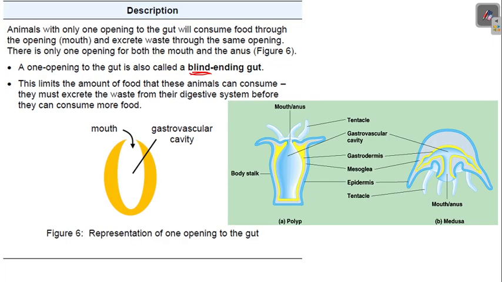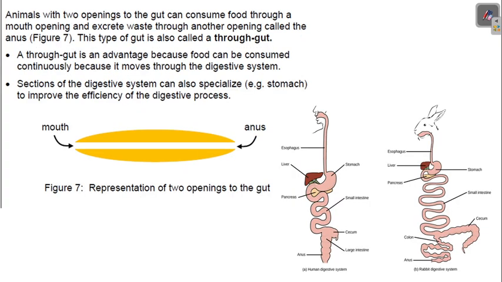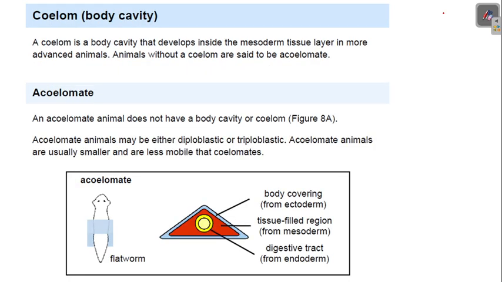So in actual sense, most organisms, if not all, that have a blind gut are basically diploblastic. And then these ones are triploblastic. They have specialized organs. Good. So that is basically blind gut and through gut. Nothing much to it actually.